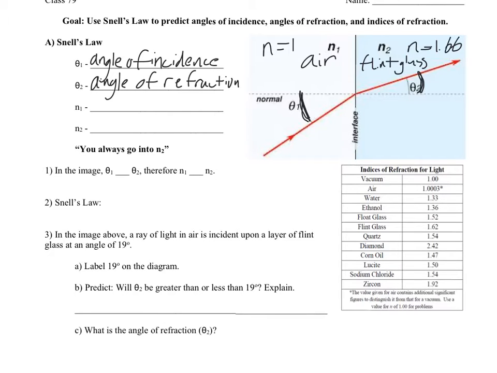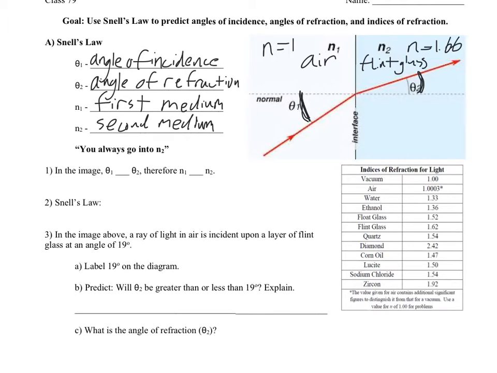So N1 is always the first material we're traveling in, so the first medium. N2 is our second medium. So the way we put it is you're always going into N2.